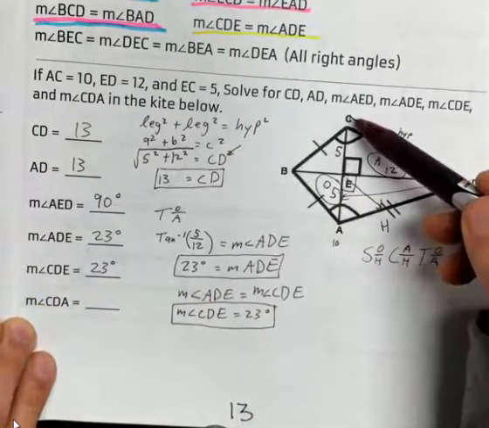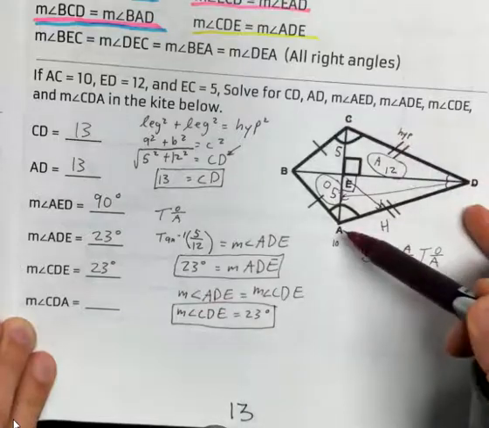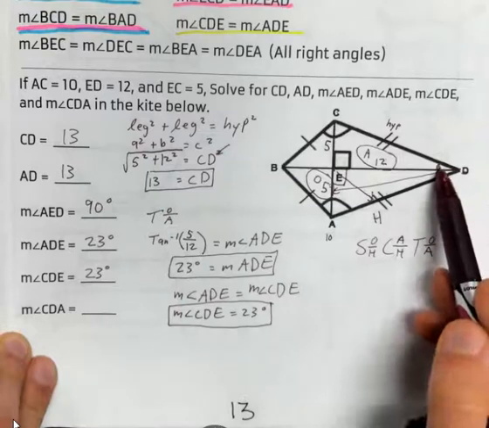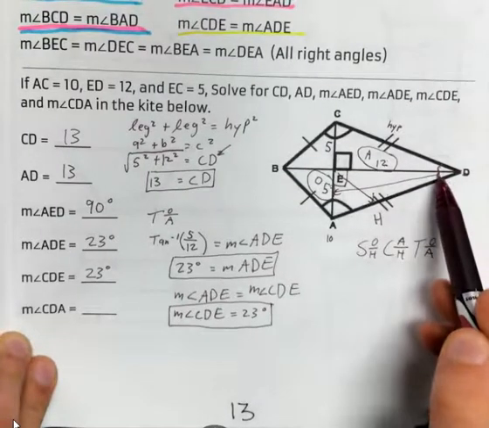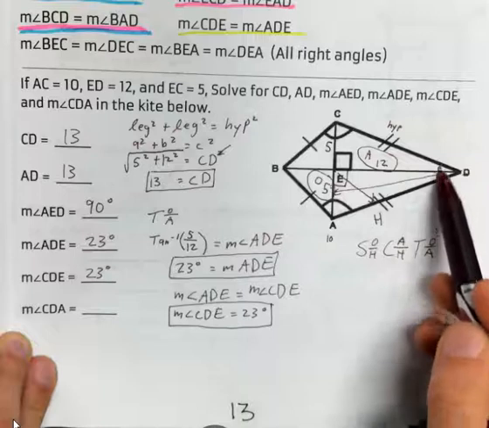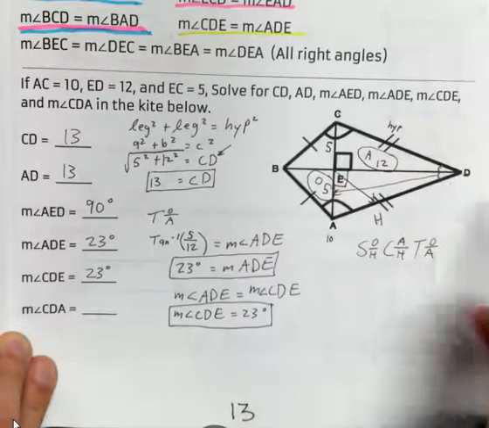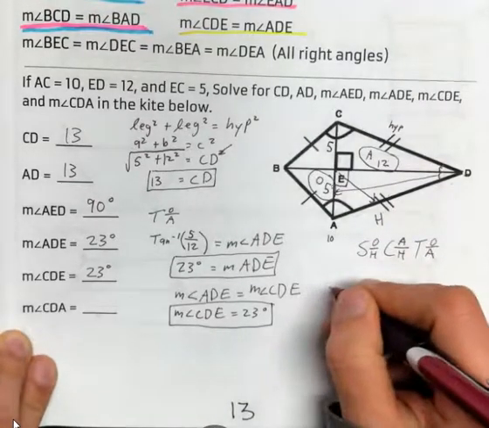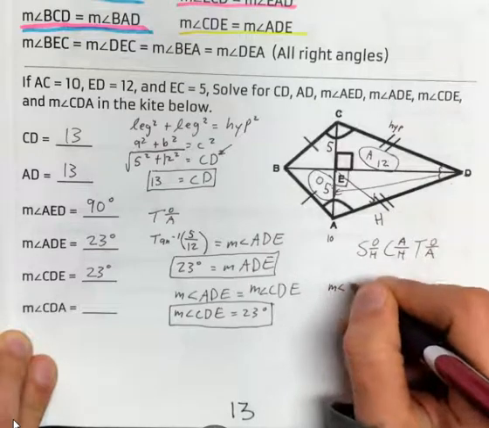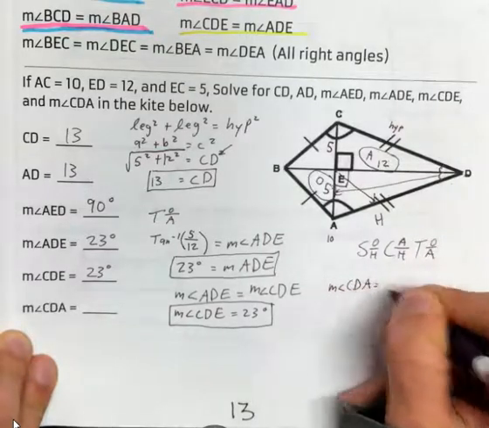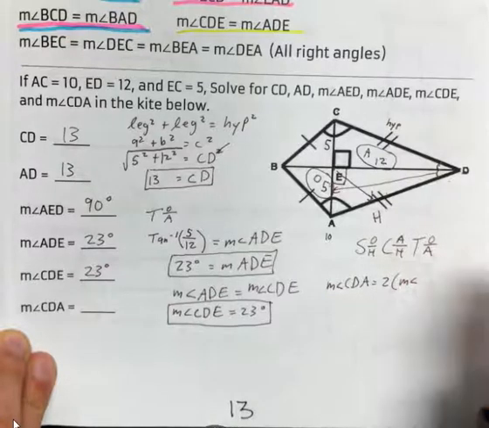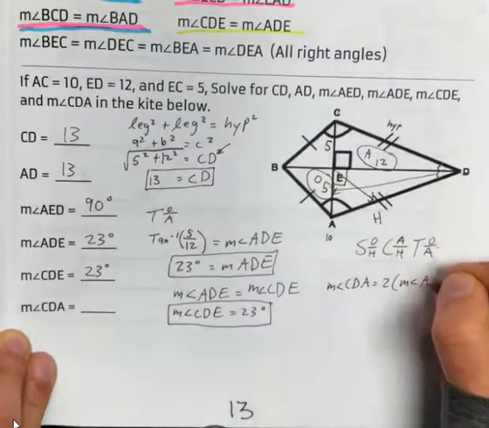Angle CDA. Well, if I look at angle CDA, it gives me one of these angles and another of these angles. Those two angles are both equal, right? So I just have 2 times this angle to give me angle CDA. So measure of angle CDA is equal to 2 times the measure of either one of these, so ADE.